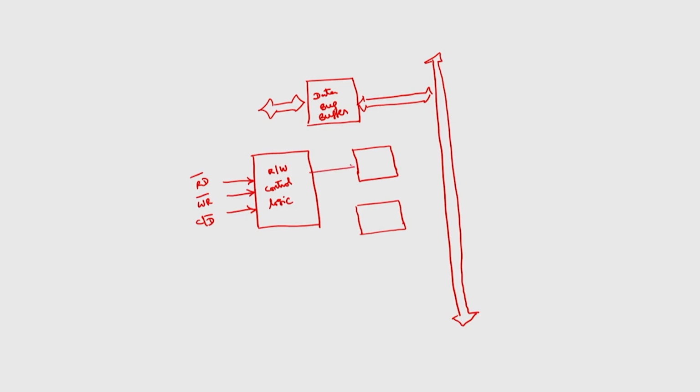So, this will go here, here or here. It will be decided by these three signals. This one is called control word register, and this is status word register. This is 8 bit, whereas this is 16 bit.